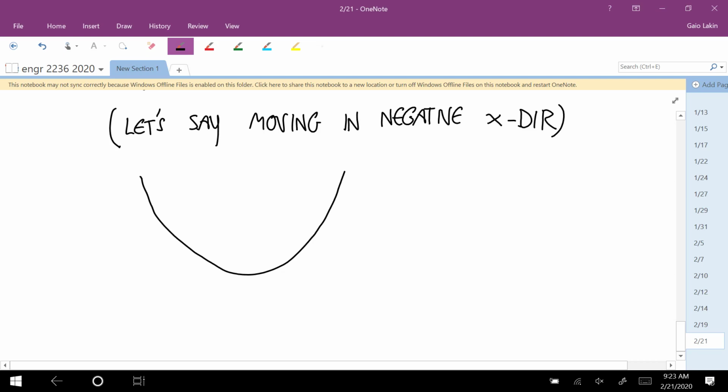So that's why you need to know that. It comes into it when you're calculating that unit vector that's tangent to the path. So I'll show you where that is. But for us, we're going to be saying that it's moving this direction along the path.